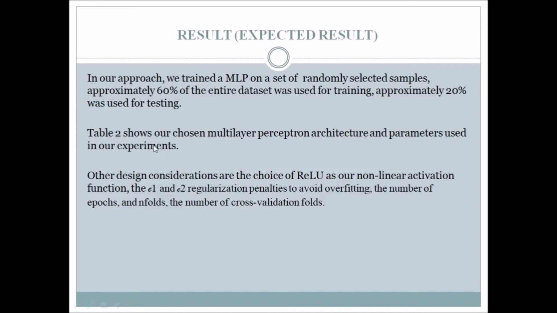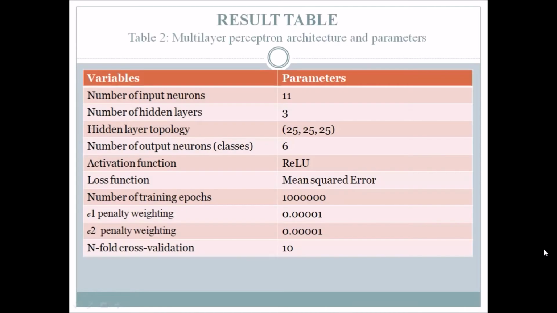So in the subsequent table, we are going to see the chosen multi-layer perceptron architecture and parameters used in the experiment. Other design considerations are the choice of ReLU as the activation function, the L1 and L2 regularization penalties to avoid overfitting, and the number of epochs and n-folds, the number of cross-validation folds.